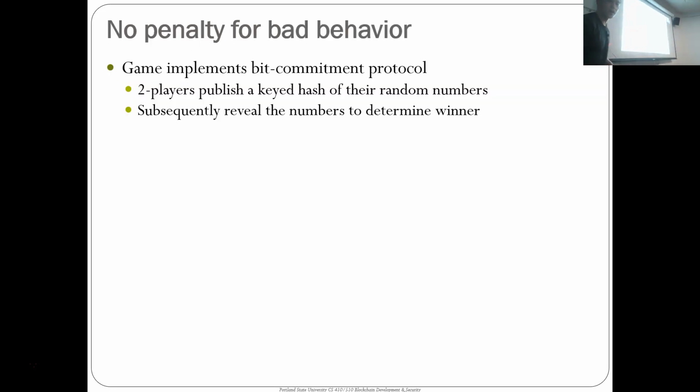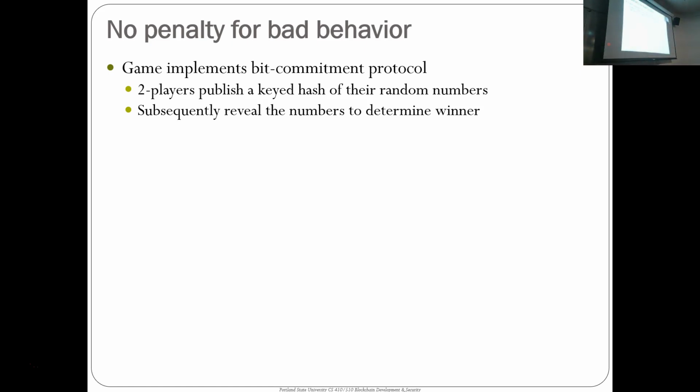Another logic error is a smart contract that doesn't penalize bad behavior. We talked about how hard it is to get truly random numbers on the blockchain. One way to get a random coin flip game to work on a blockchain is to use something called bit commitment.